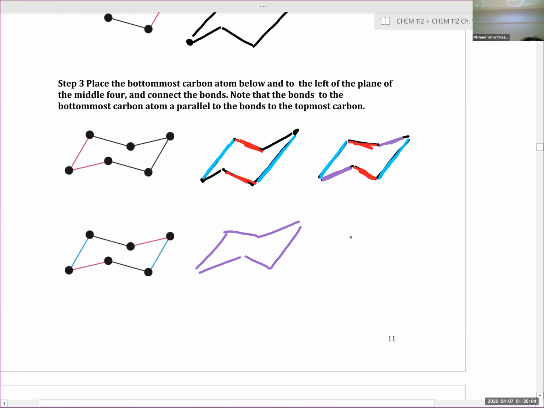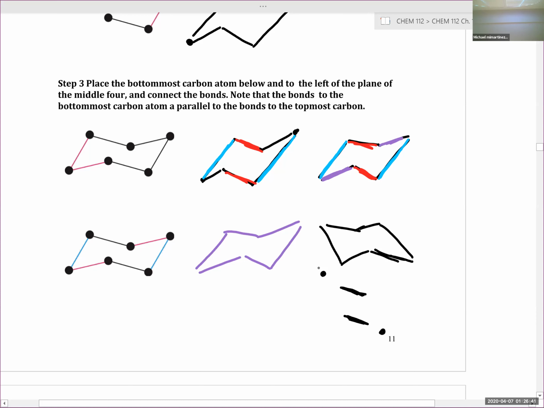And the way you do that is you draw your parallel line. So let me show you what the second chair conformation looks like. It looks very similar, but there's a critical distinction between these chair conformations. And the way that you start this one is you draw your two parallel lines pointing in the opposite direction, and you place your top dot and your bottom dot on the opposite sides.